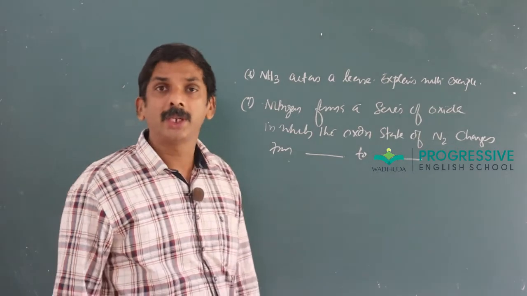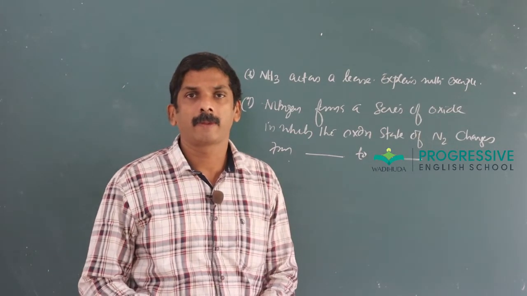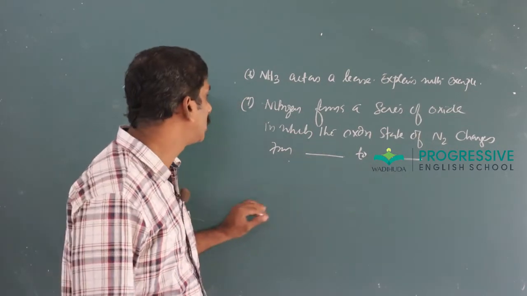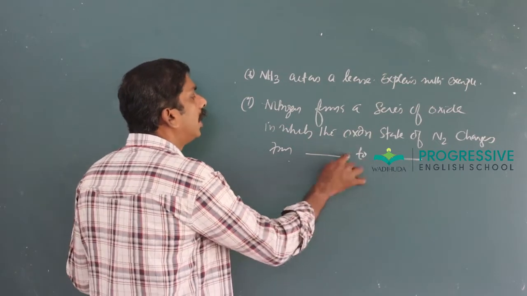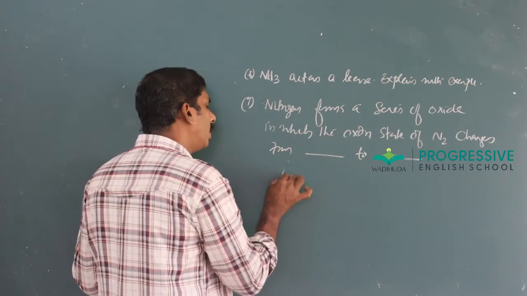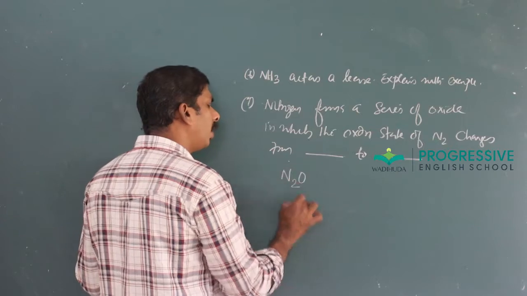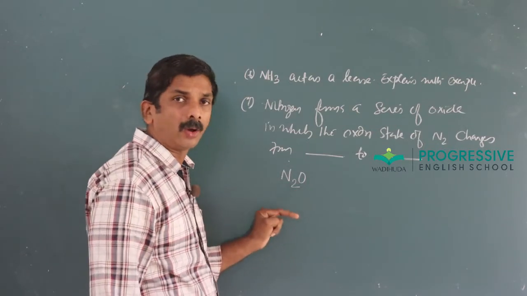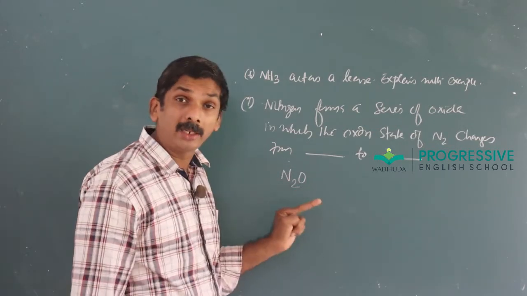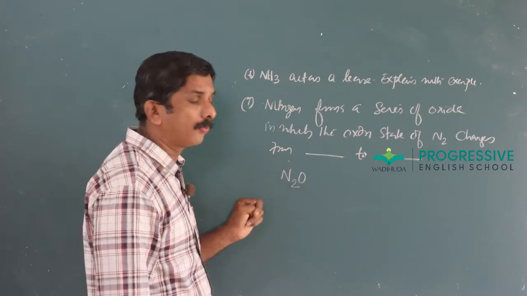That is, nitrogen forms nitrogen 1 oxide, called nitrous oxide or laughing gas.